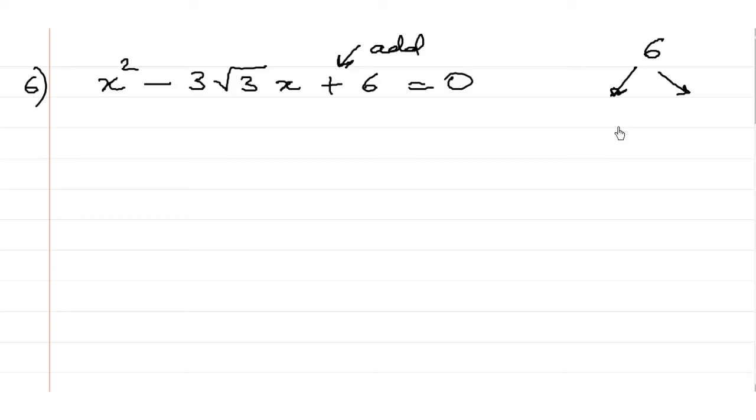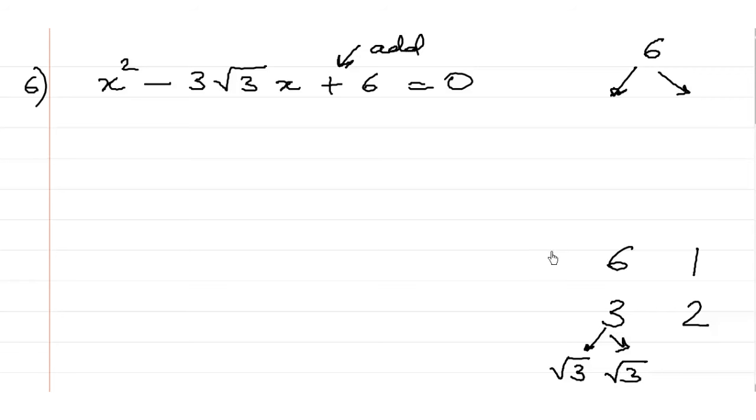We know either 6 1s is 6 or 3 2s is 6, but there is no square root of 3 anywhere. What we are going to do is split this 3 as square root of 3 and square root of 3.